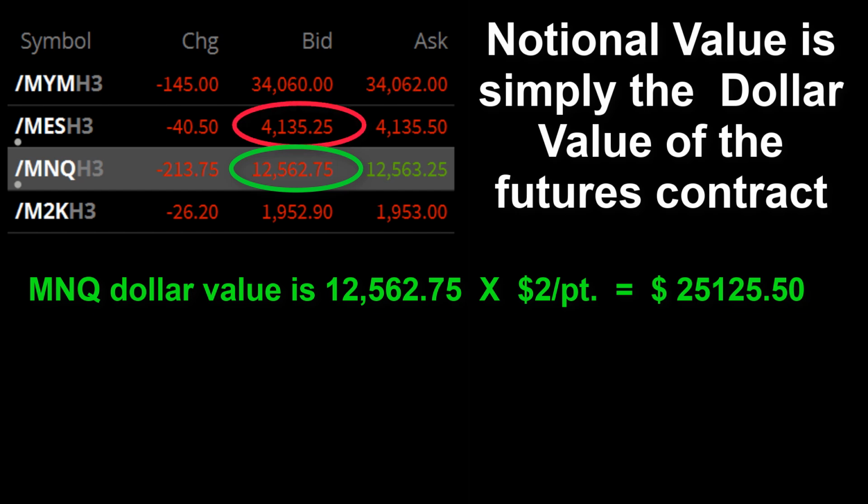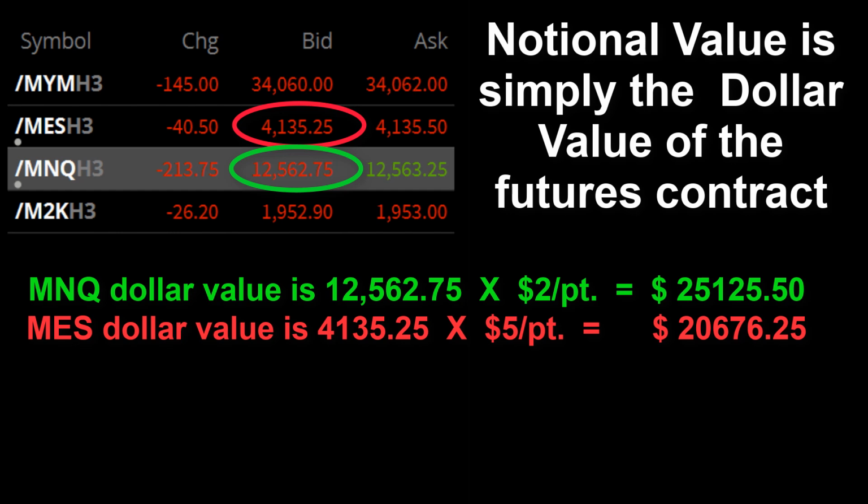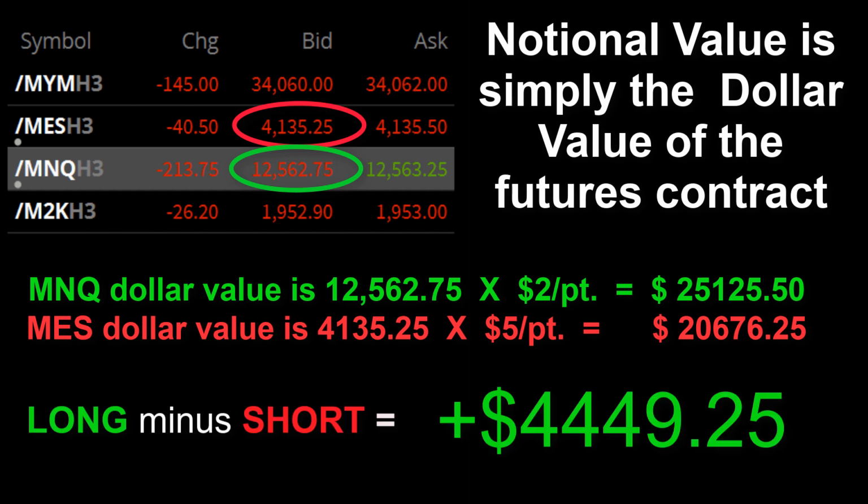The MES S&P 500 Micro is valued at $4135.25, the bid price, times $5 a point, for a total of $20,676.25. In pairs trading, we're going to be charting the difference between those two prices. In pairs trading, the difference is expressed in dollars, not in points.